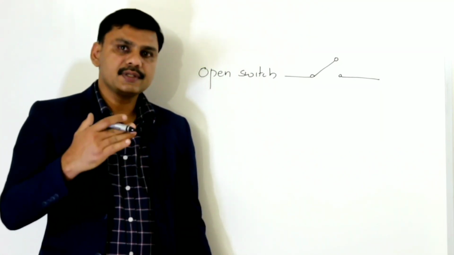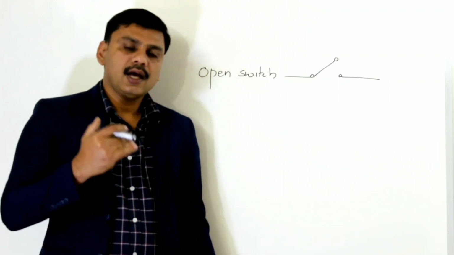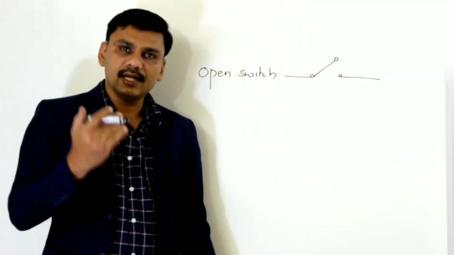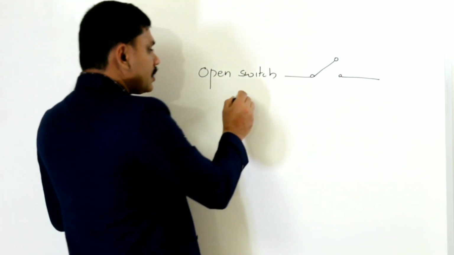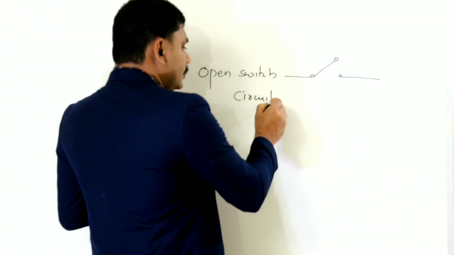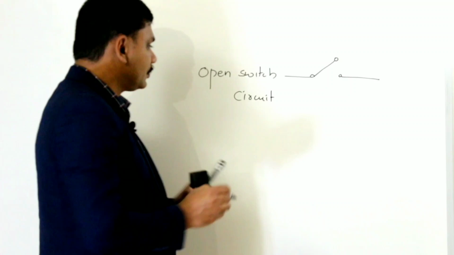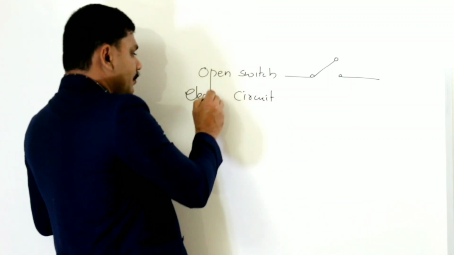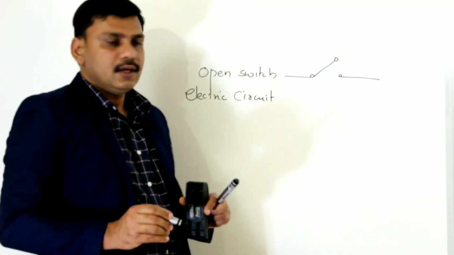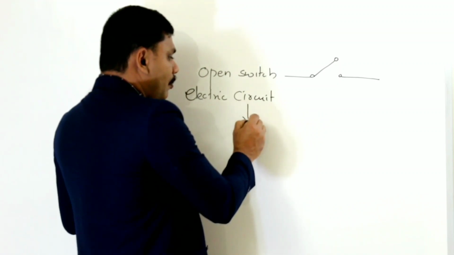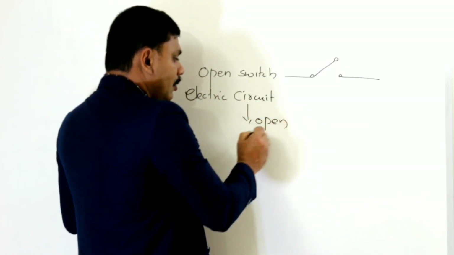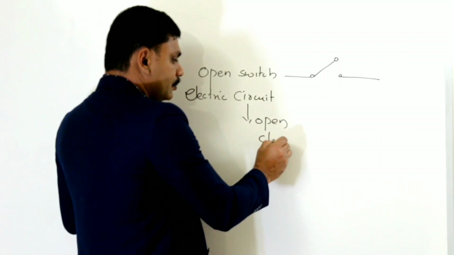And the continuous path for the electricity is known as circuit. It is known as electric circuit. The electric circuit can be open or closed.